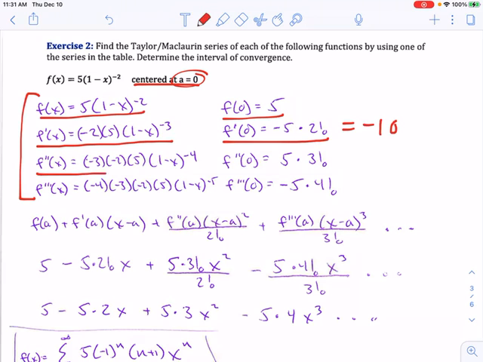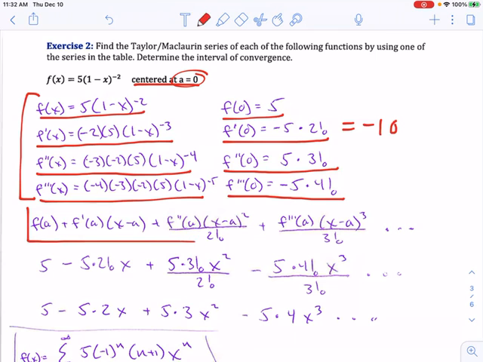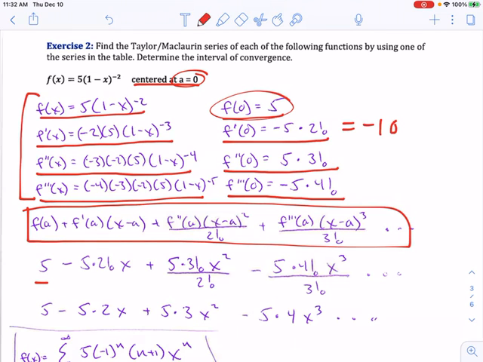Then the second derivative, evaluated at 0, I get 5 times 3 factorial. The third derivative, evaluated at 0, I get negative 5 times 4 factorial. And so here is my Taylor series formula. The first term, f of a, is just 5.